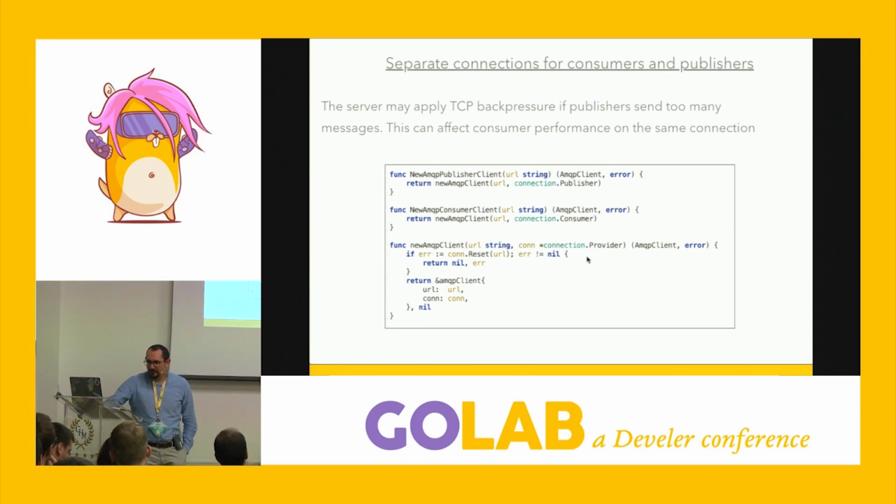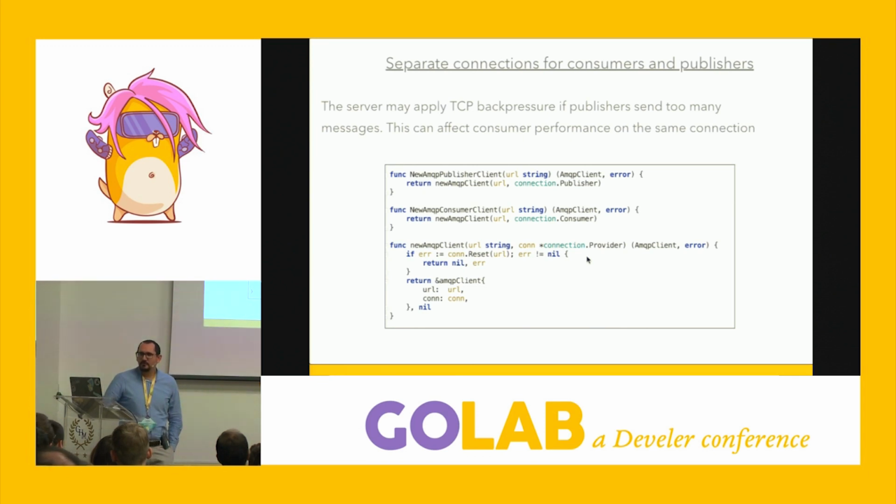But this is not recommended because basically of TCP back pressure. So TCP back pressure is that mechanism by which if the client application does not consume fast enough, the TCP window advertised approaches 0. And when it is 0, then your publisher will stop sending data to it, right?